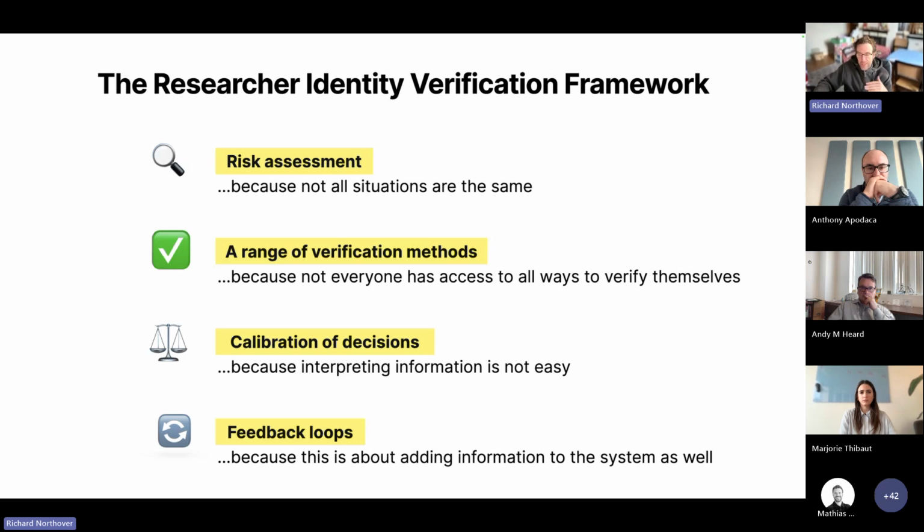Then there's the process of interpreting the information that verification gives you so that you can make a decision. And finally, there's the idea of the feedback loop. It's not just a one-off decision and that's it. We need to make sure that information goes back into the system for next time and gradually improves the whole process.